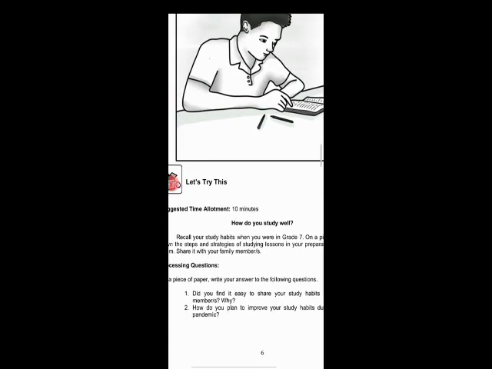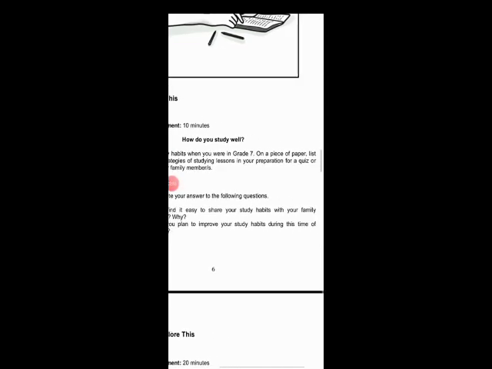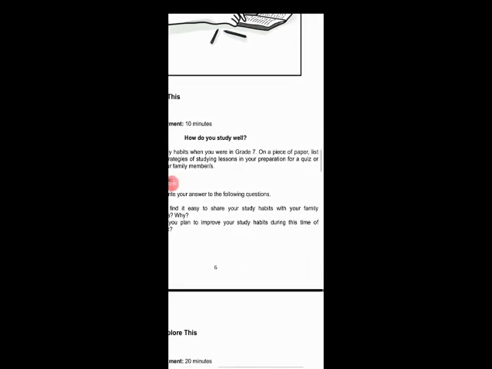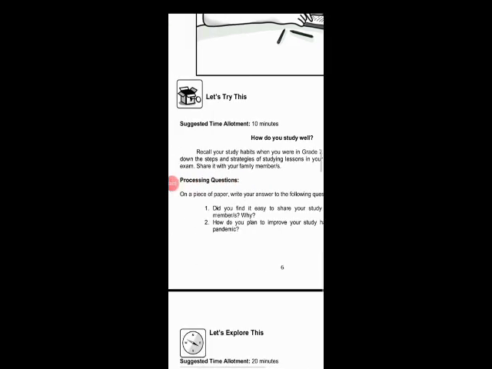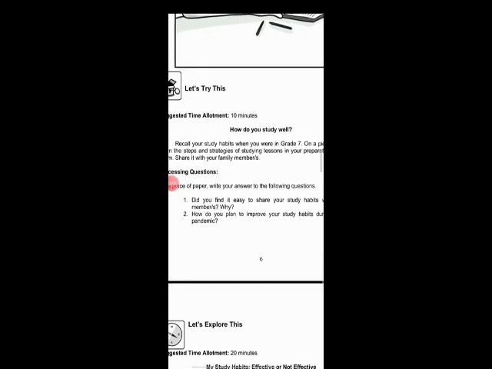For our first activity, you will need a yellow paper and a ball pen. The title is How Do You Study Well? Recall your study habits when you were in grade 7. On a piece of paper, list down the steps and strategies of studying lessons in your preparation for a quiz or exam. Share it with your family members.